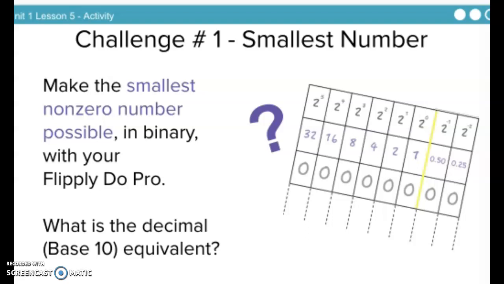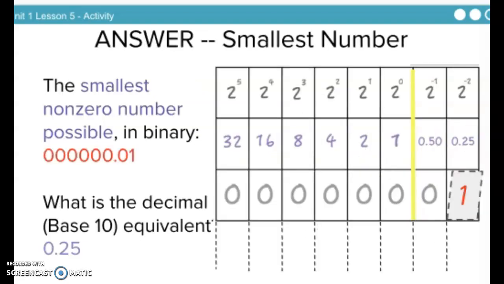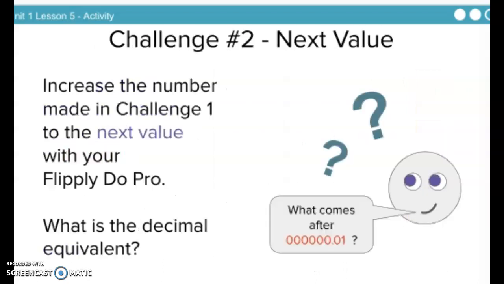It's always going to be the number farthest to the right. So you would have all zeros, and then your rightmost number would become a 1, and then you would say 1 times 0.25, and then your answer has a decimal value of 0.25. Okay? This is working it out, just as I had just said.